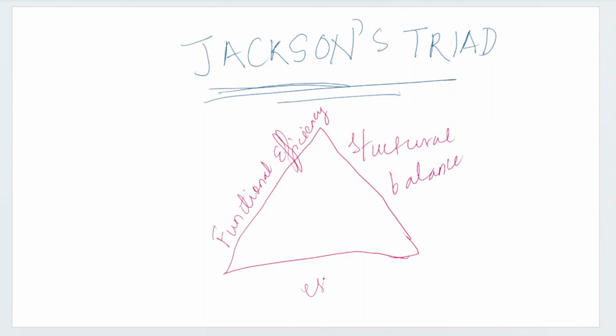Last is aesthetic harmony. Functional efficiency means whatever function we are doing should be improved, meaning the speech and the swallow should improve. Structural balance means the maxilla and the mandible should have a balance. Aesthetic harmony means the dental and the facial aesthetics should have a proper harmony with each other, right?